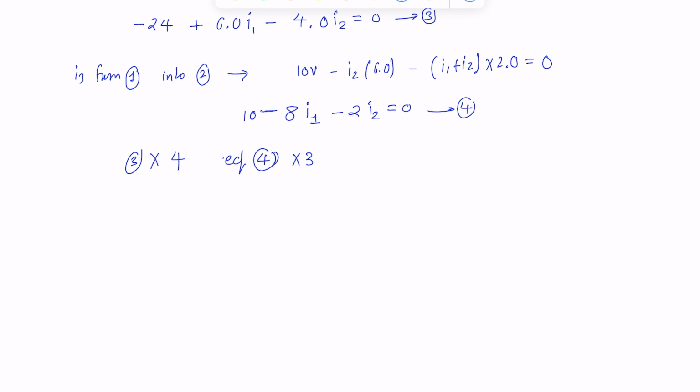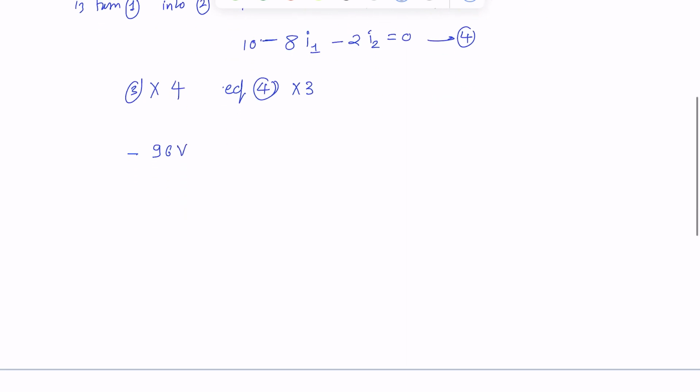If we multiply equation 3 by 4, I'm going to get 96 volts plus 24 I1 minus 16 I2 equals to 0. Let's call this equation number 5. And when I multiply equation 4 by 3, I get 30 volts minus 24 I1 minus 6 I2 equals to 0.